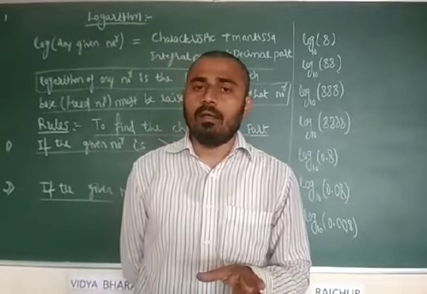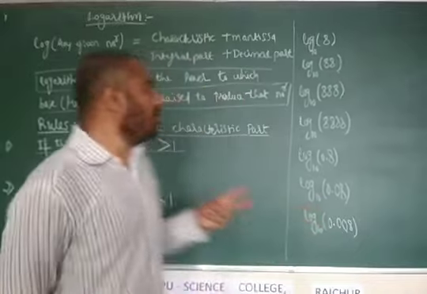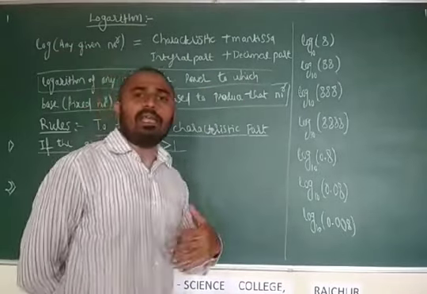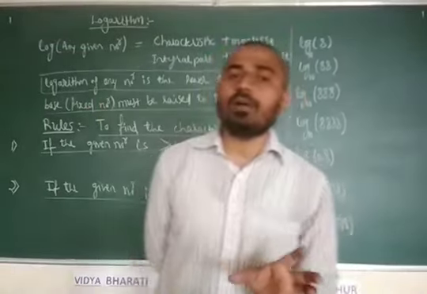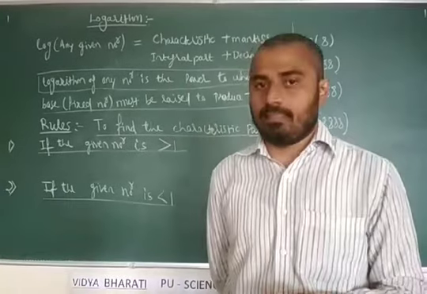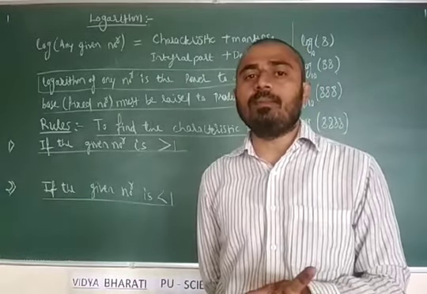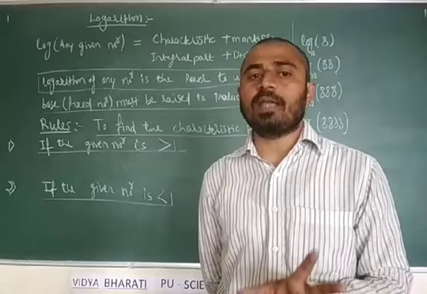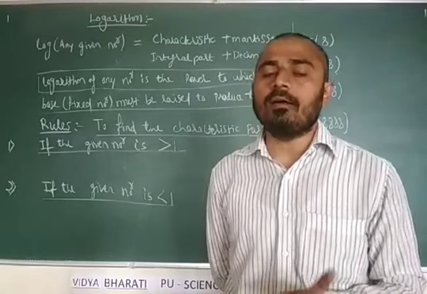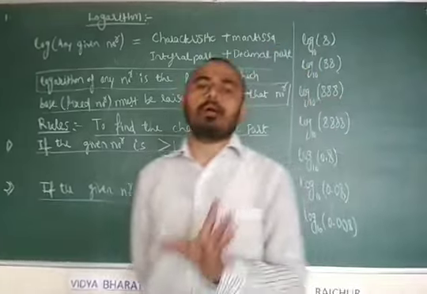In that way, here we are trying to express any given number in terms of a power of 10. If we are able to express any given number in terms of a power of 10, then that logarithm is called a common logarithm.